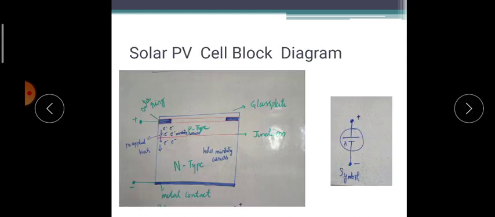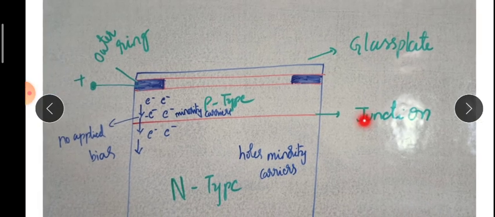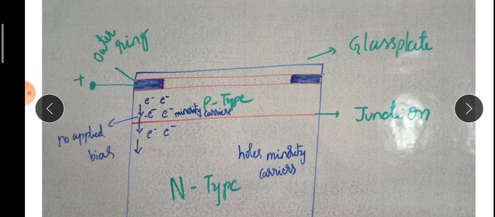This p-type material is provided with a nickel plated outer ring that serves as the positive terminal, and the surface area is designed in such a way that maximum incident sun radiation could be used for production of these minority electron and hole carriers, both in p-type and n-type respectively.